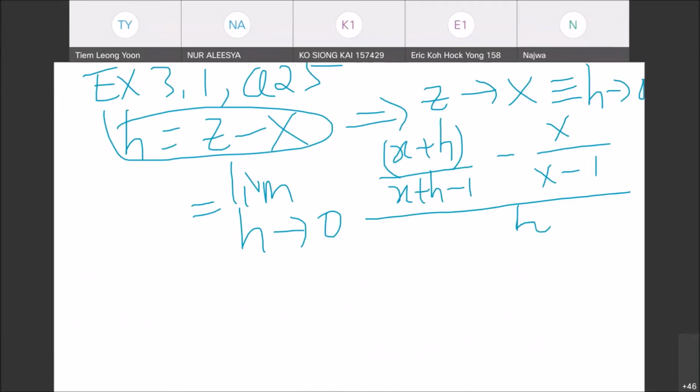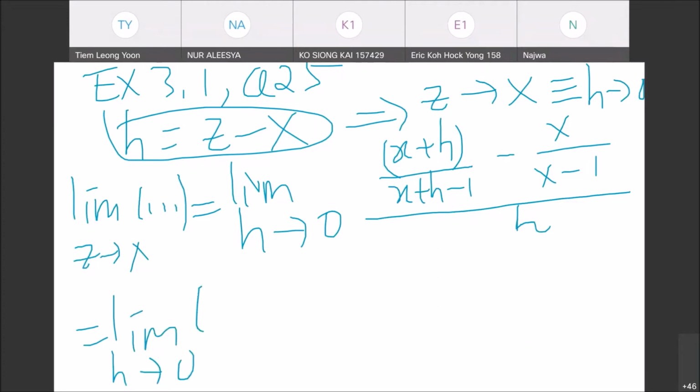I would say that the limit as z goes to x of this expression is the same as the limit as h goes to 0 of this expression. So I'm going to simplify these expressions, then shrink h to 0. I think this has been done in the exercise, so you just have to work out the algebra.